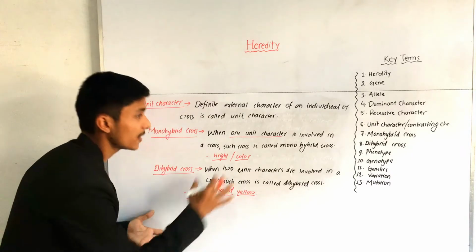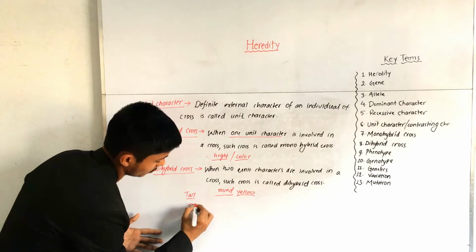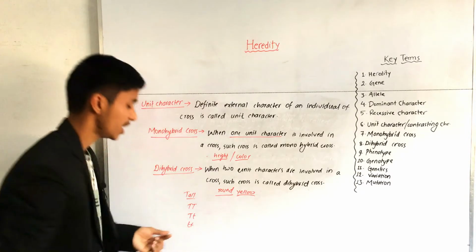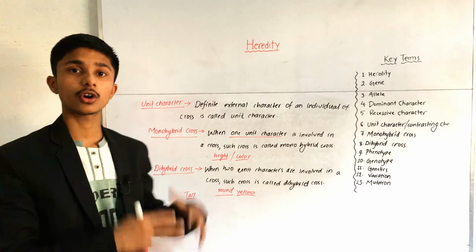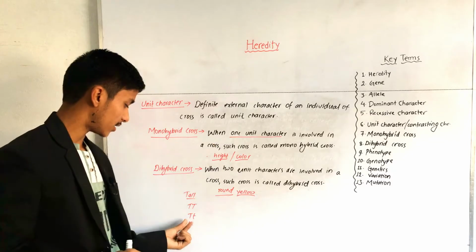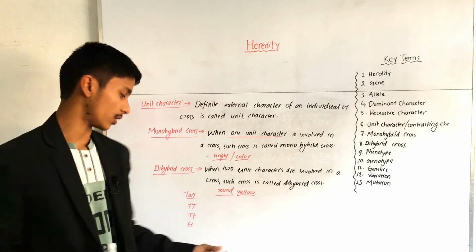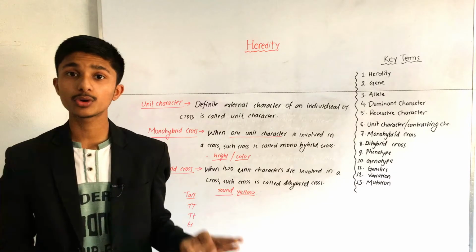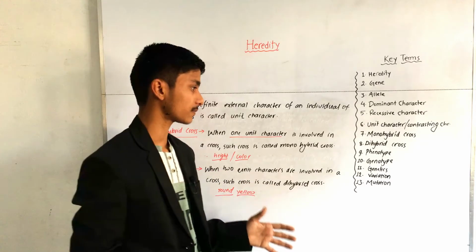Here there are three types of genotype: TT, capital T small t, and small t small t. Capital T capital T is the pure tall, capital T small t is the hybrid tall, and small t small t means dwarf, pure dwarf. So this is called genotype.